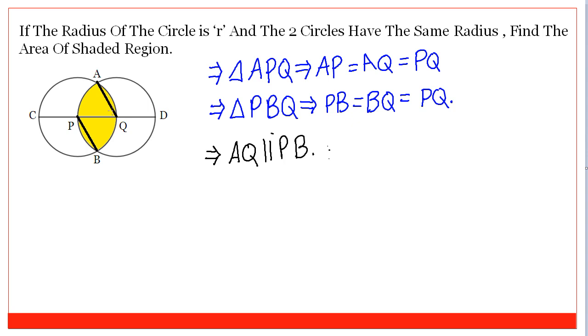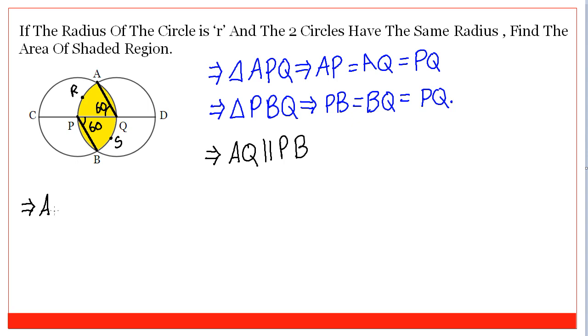So by proving that it is an equilateral triangle, this angle is 60 degrees. This angle is also 60 degrees. If I name some points like this, R and S, I'm going to figure out the area of these sectors.